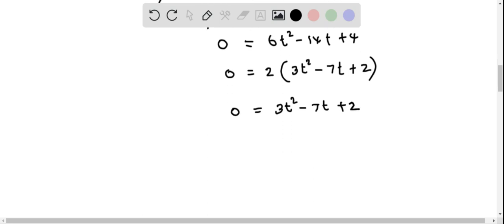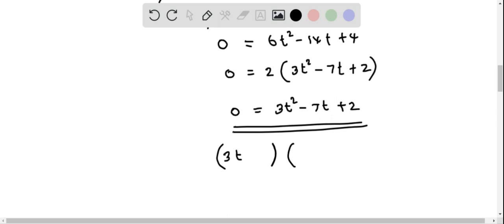Now this is a quadratic equation, which we can write down as a product of two linear terms. That is, we will put 3t. We should have 3t squared. So another linear term will be t. And then we should have negative 7t and positive 2. So I put a negative 1 and negative 2 here. Let's cross check.